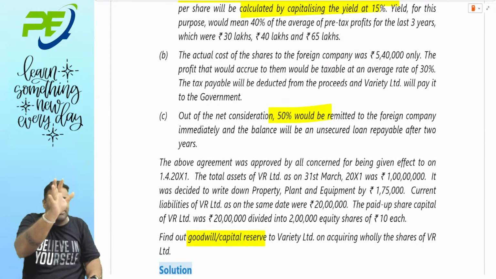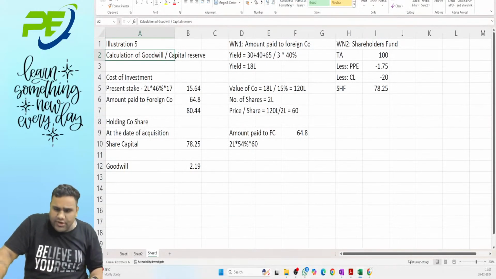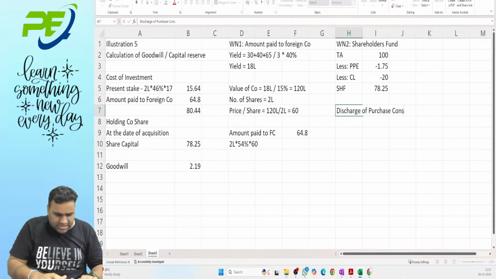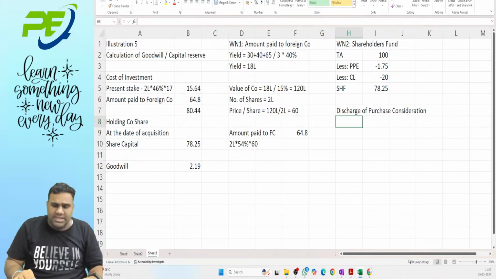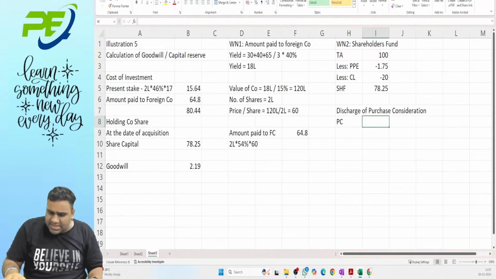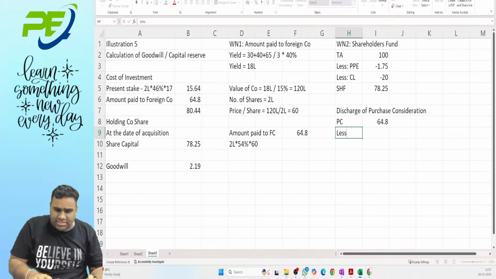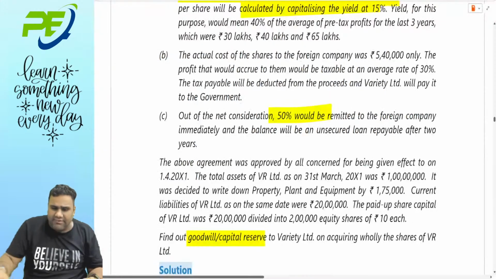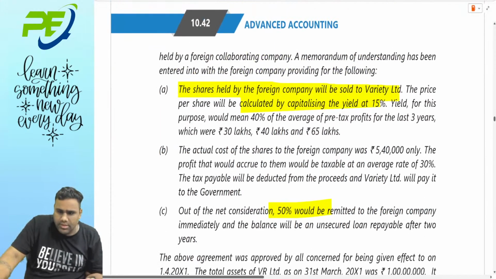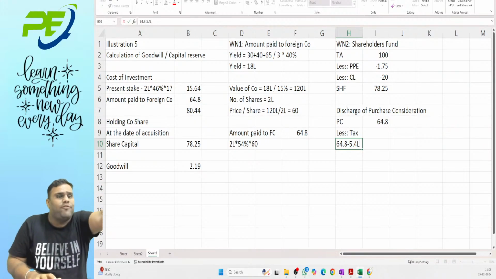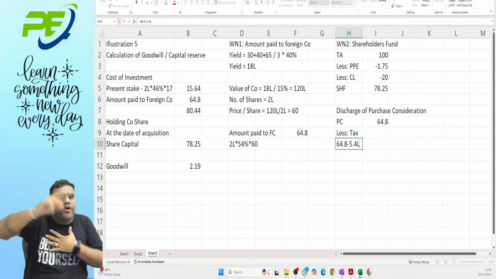They have not asked, but for extra information, discharge of purchase consideration. Will they pay the entire 64.8? Definitely not. First they subtract tax. They are selling this foreign company for 64.8 lakhs, but they acquired it for 5.4 lakh.